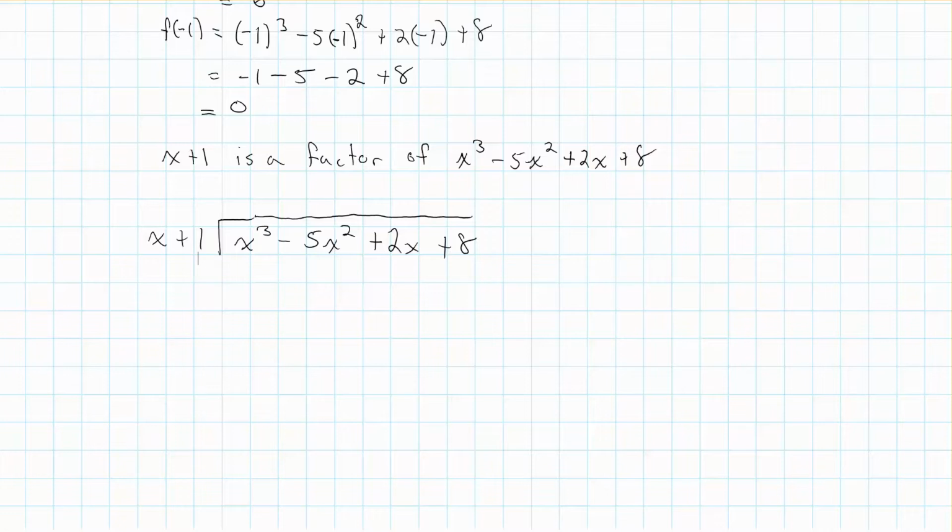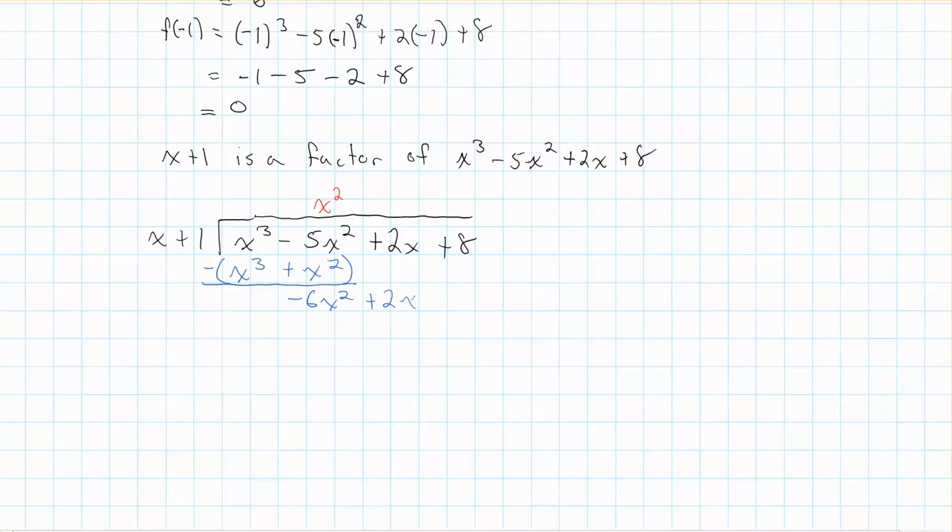I'll write this as x squared. And then x squared times x, of course, is x cubed. And then I'd have plus x squared. And then subtract. Doing the subtraction, you would wind up with negative 6x squared.